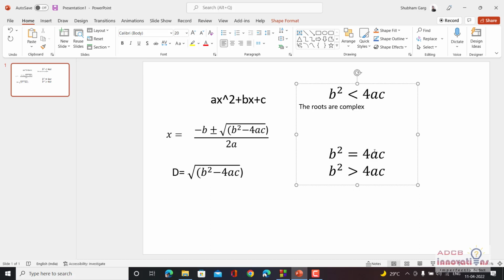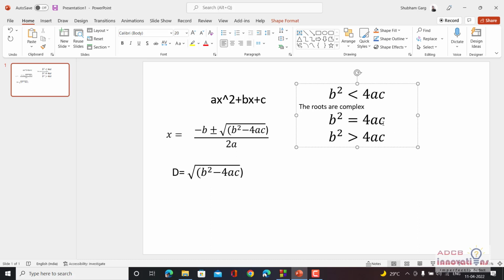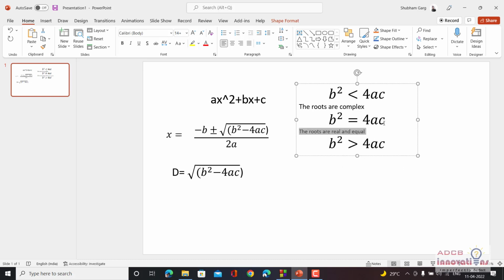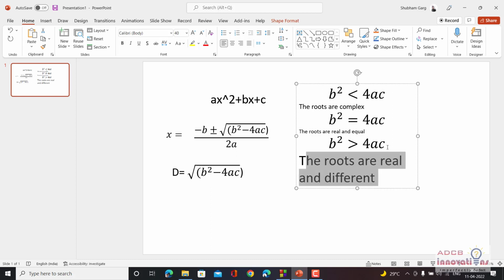Similarly, if b square is equal to 4ac, then the roots are real and equal. Since it is a quadratic equation, we will get two values of x, both real and both equal. Now the final case, b square greater than 4ac, the roots are real and different. So these are the three cases.